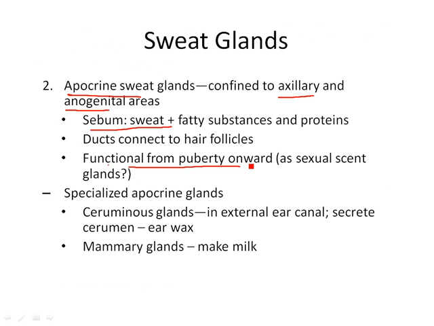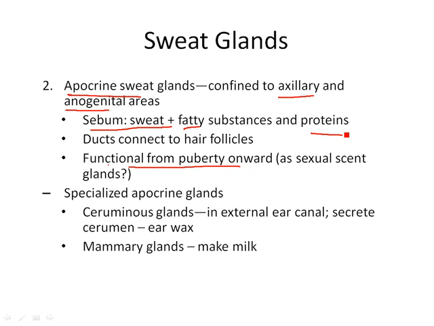So a child is born and goes up to about 11 years old, and they sweat and they don't smell bad or anything. About 12, 13, 14, they have to start wearing deodorant because the stinky sweat has started. They're going through puberty, they're starting to get hair under their arms and in their pubic area. Well, these apocrine sweat glands have turned on and the stinky sweat, the sebum, is being produced. And because it's got fat and protein in it, instead of just salt, it tends to attract bacteria, and bacteria eat that, and that gives you that funky smell.